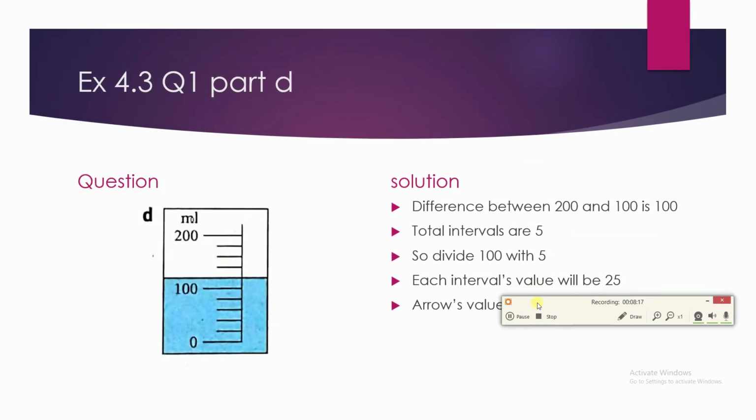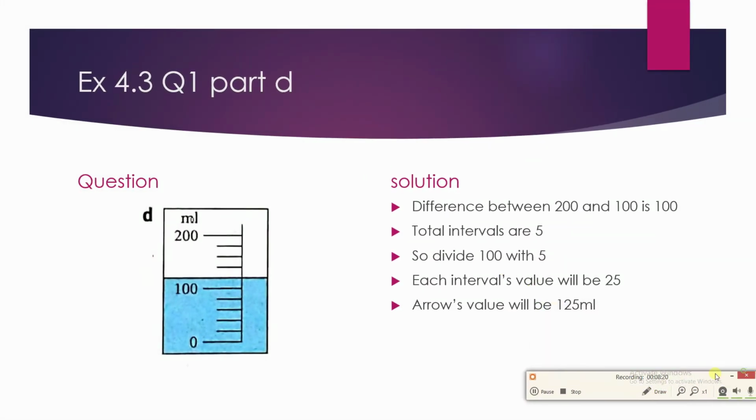And you have to add 25 to 100 because the starting value is 100 and your arrow or liquid is in between 100 and 200. So 100 and add one interval's value to it, that will be 125 milliliter.